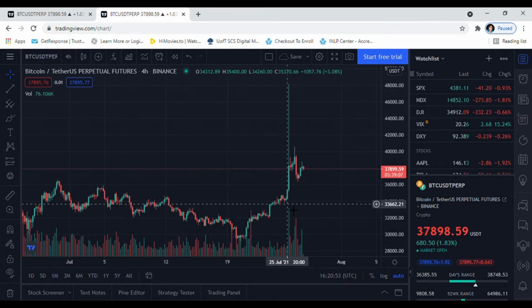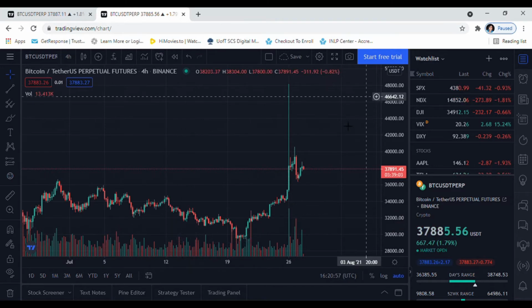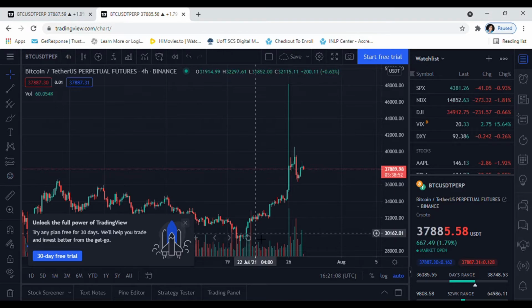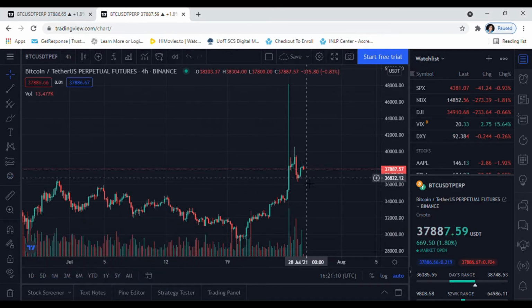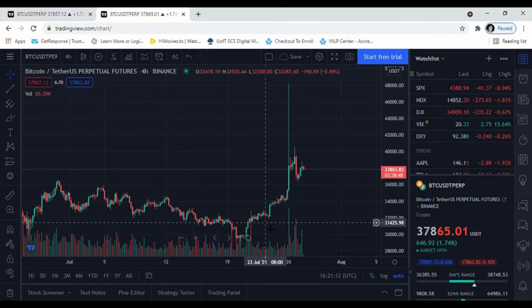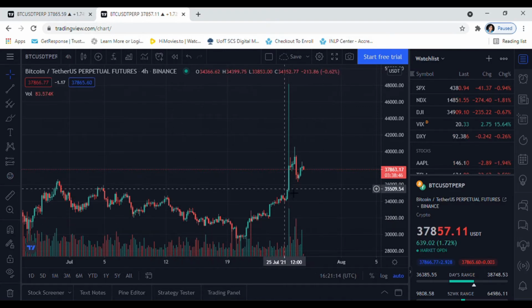So these things here you can see are called candlesticks. And at the top here on the left side where it says 4 hours, this is the time frame that I am currently looking at. So this means that every candlestick that you see here represents 4 hours. This candlestick here represents 4 hours.